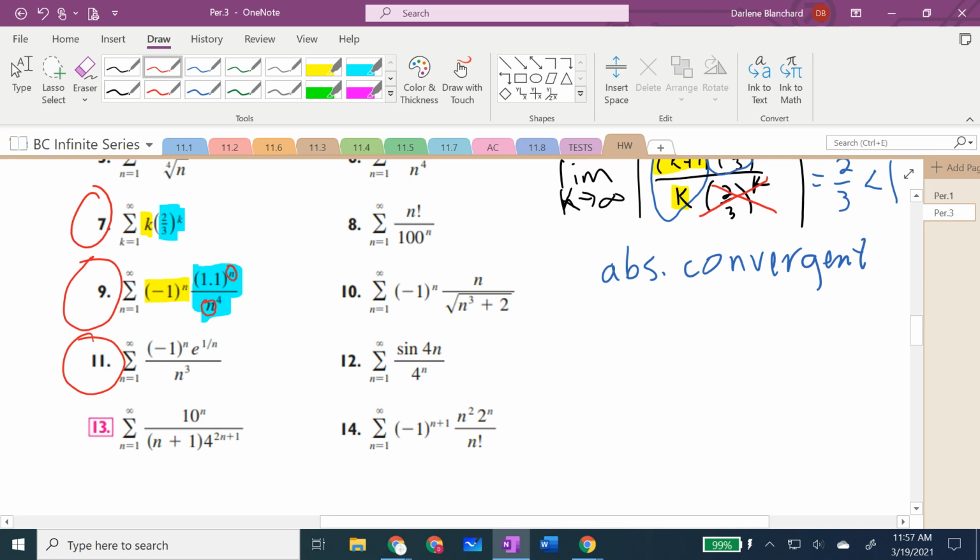When your variable is in the exponent, it looks like an exponential function, either growth or decay. Then if you have n in the base, then it's more like a polynomial. But if you look at it a little bit more and think about it, that 1.1 to the n, that's 1.1.